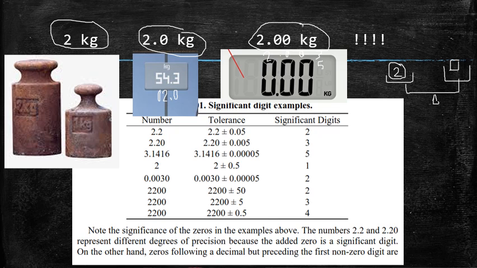So although they are the same, 2 kilogram, 2 kilogram, 2 kilogram, it can be like the tolerance or the precision of the scale we used to measure this thing. So it's different between 2 kilogram, 2.0 kilogram, or 2.00 kilogram. We are not going to focus about the precision in our course, but at least you know it.